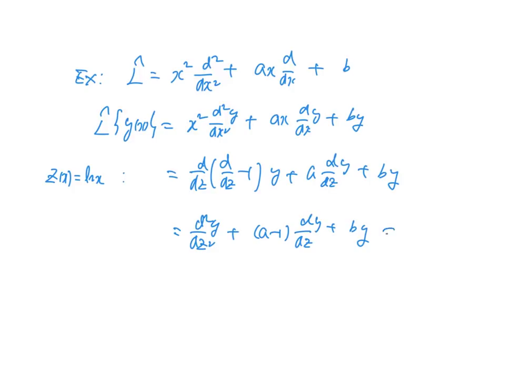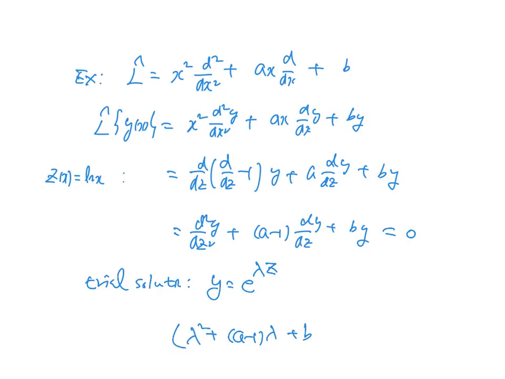If this is 0, then we can try a solution y equal to exponential lambda z, right? So lambda squared plus (a minus 1) lambda plus b, times exponential lambda z, equal to 0.